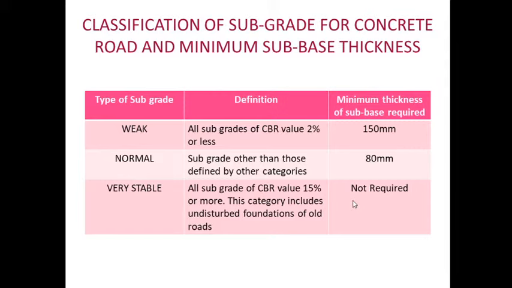If the CBR of the subgrade is 2 to 15%, it is called normal subgrade. For a normal subgrade, an 80 mm thick subbase is required. If the CBR of the subgrade is greater than 15%, it is a very stable subgrade, and we may not require a subbase.